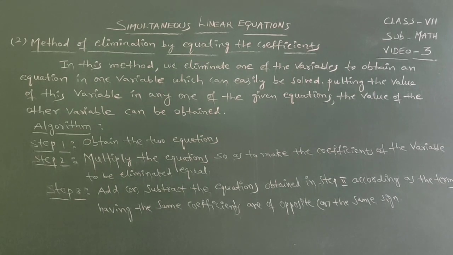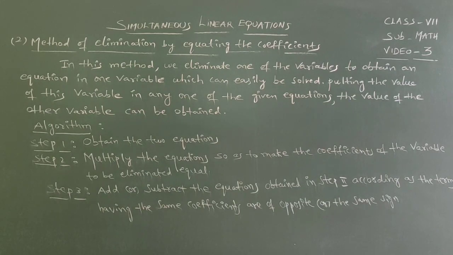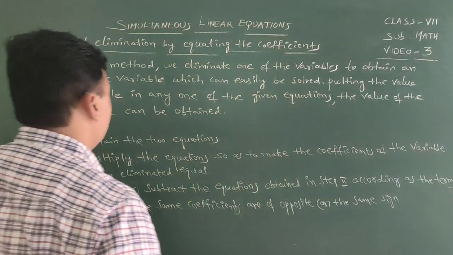Now coming to the second method, that is the method of elimination by equating the coefficients. In this method, we eliminate one of the variables to obtain an equation in one variable.